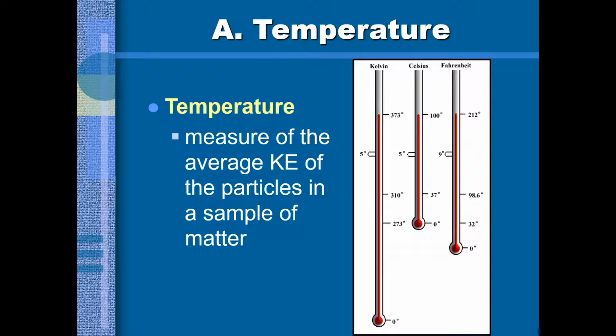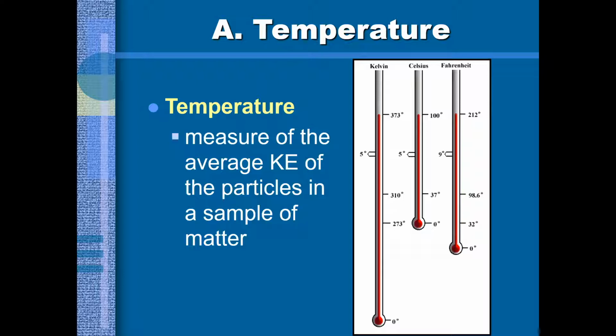Celsius and Fahrenheit are. So in order to convert between Kelvin and Celsius, you just add 273 to Celsius. So water boils at 100 degrees Celsius. In Fahrenheit, that's 212 degrees Fahrenheit.